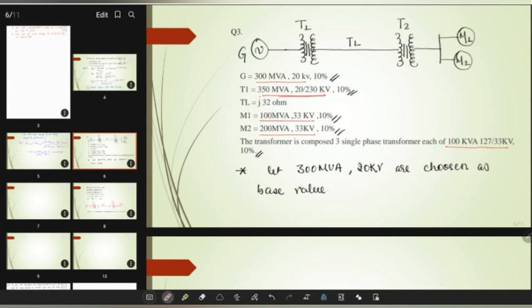Suppose we are taking T1, the rated voltage on the primary side is 20 kV and on the secondary side is 230 kV. So if the rated voltage changes, the base voltage will also change.